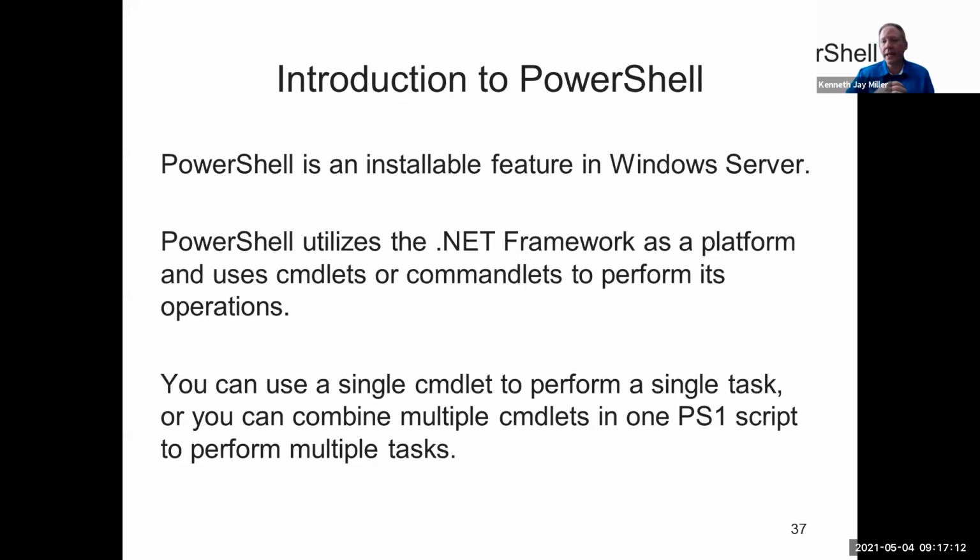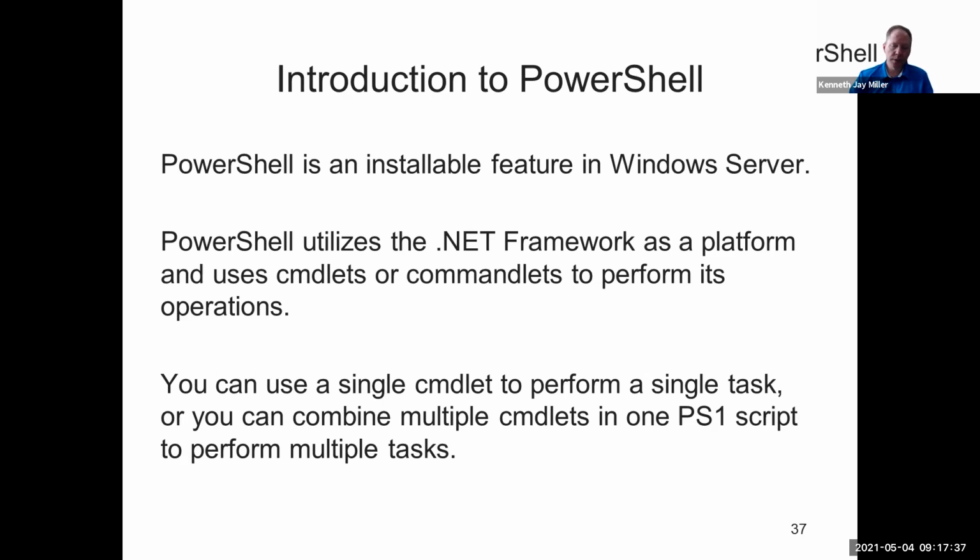Now, we can run a single command in PowerShell to perform a single task. And we're going to do some of this in just a little bit. Or you can combine multiple commands into a PS1 script to perform multiple tasks.